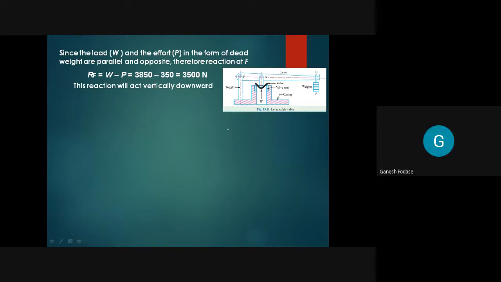See, 3850 acting upward, yes or no, as per you, and 350 acting downward. So net force will be? No, net force will then act upward if weight is more. Okay. See, weight will be simply in opposite direction.